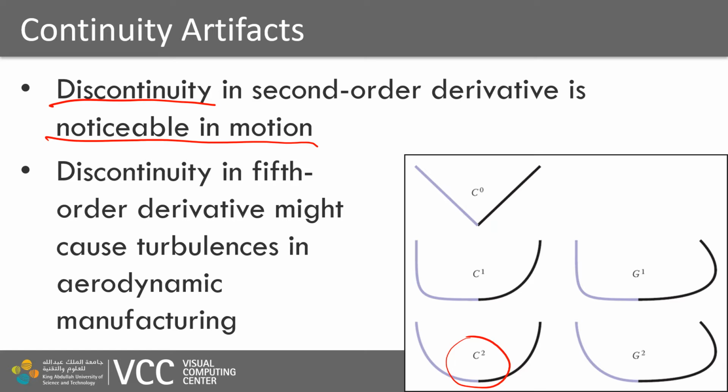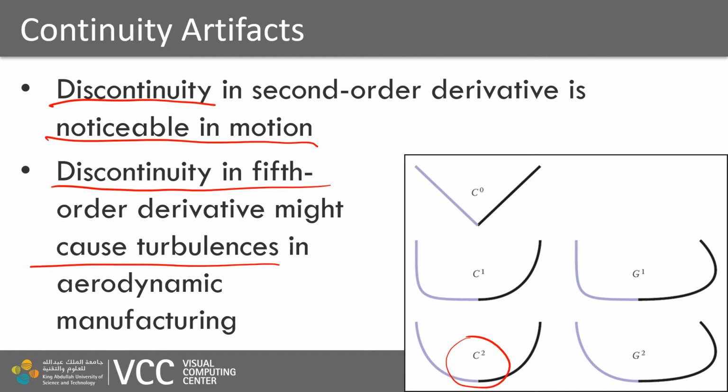However, we not only use computer graphics for depiction of lines or for using these lines or curves as for animating cameras, lights, or objects. We are also using it for manufacturing. So therefore, if we are manufacturing objects which should, for example, be exposed to certain flow, then discontinuity even in the fifth order derivative might cause a turbulence in aerodynamic manufacturing.